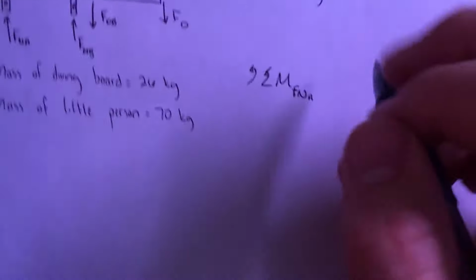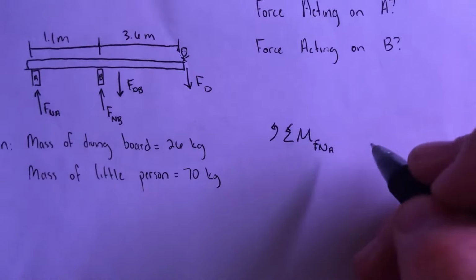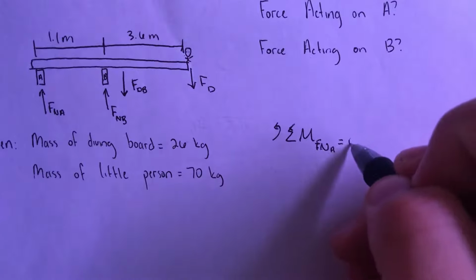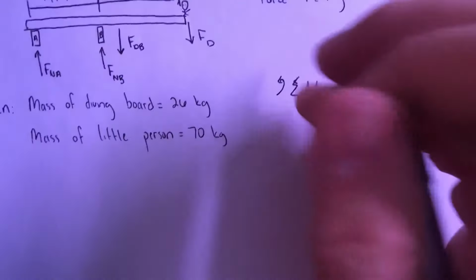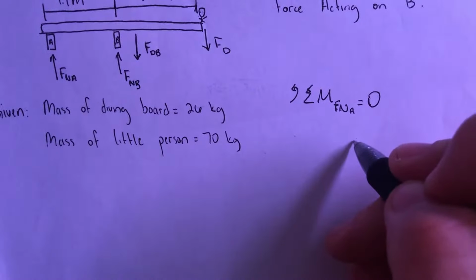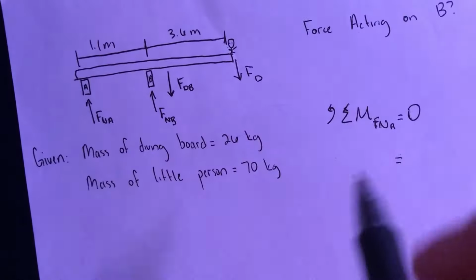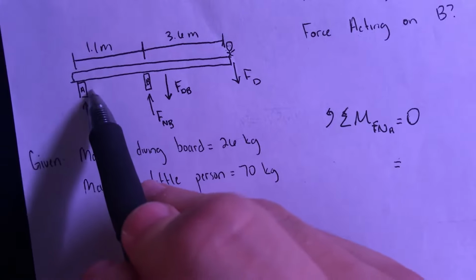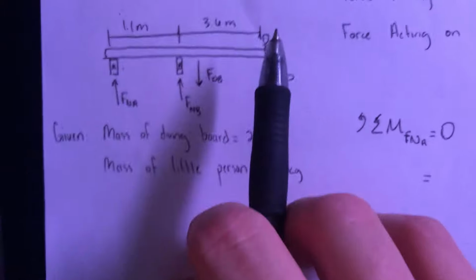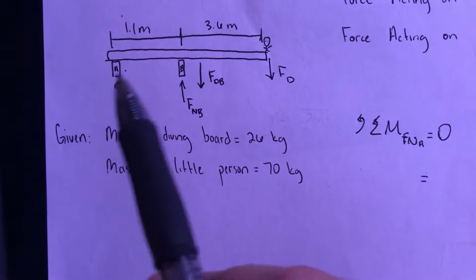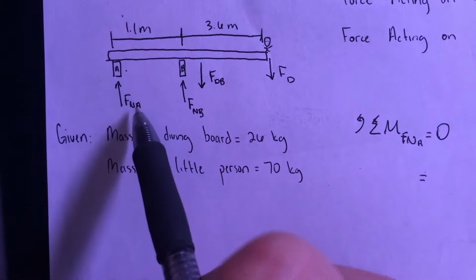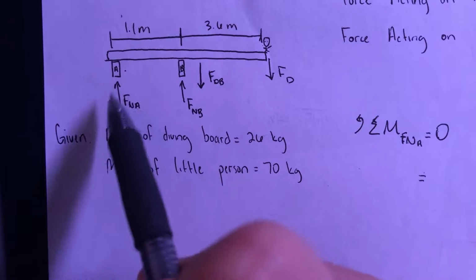So the moment at point A, you always equal that to 0. And then going down, to find the moment, all you do is multiply. If you're finding it at point A, then you disregard the force right here, because that's what you're solving for.